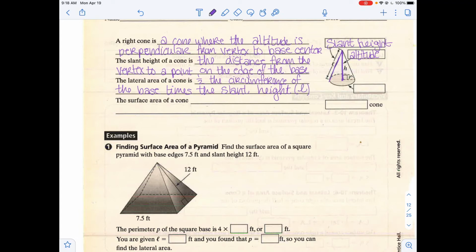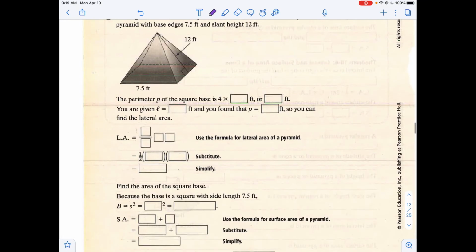And then the surface area of a cone is the lateral area plus the area of the base. So this would be a base, and this drawing here is a right cone. Okay, all the vocabulary is done.